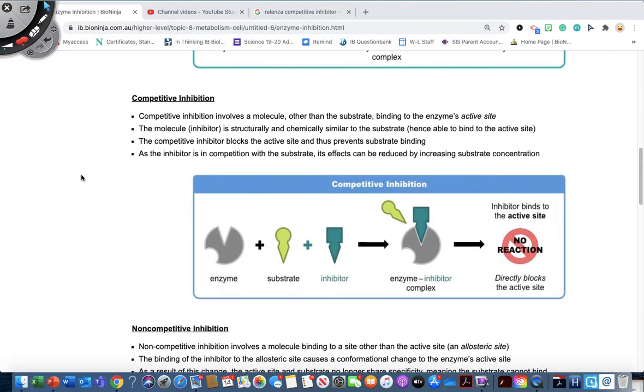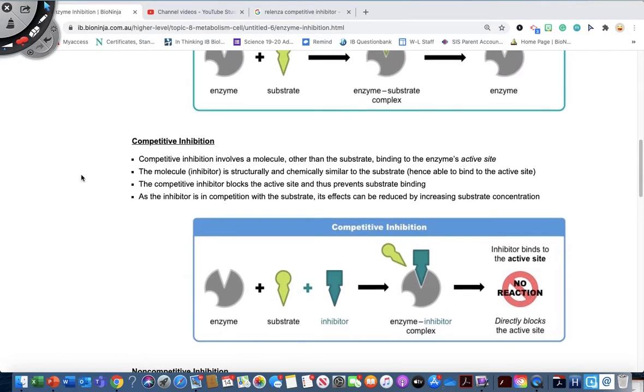So what happens in competitive inhibition? And let's look at that one first. So in competitive inhibition, you have another molecule other than the substrate. So in this case, it's this molecule right here, and we're going to call that the inhibitor. So in competitive inhibition, this inhibitor is going to bind to the enzyme's active site. So it's going to prevent the substrate here from binding.